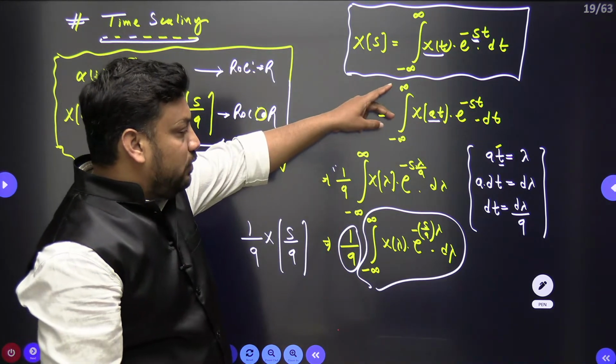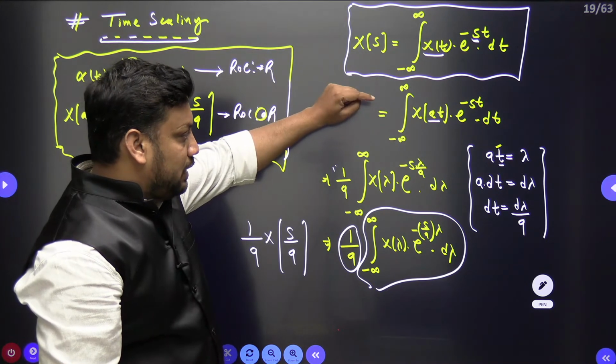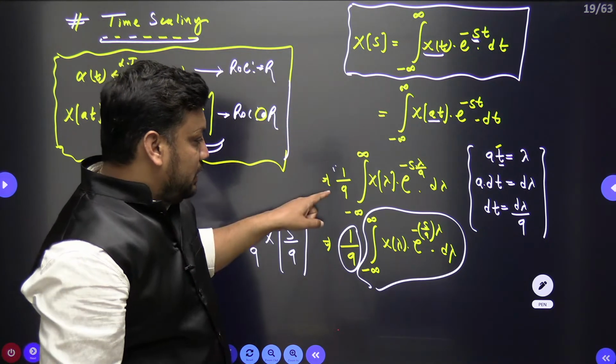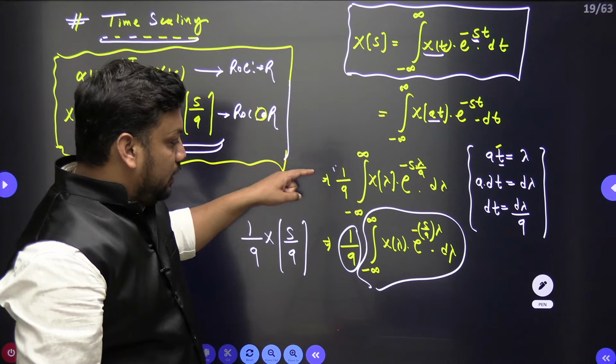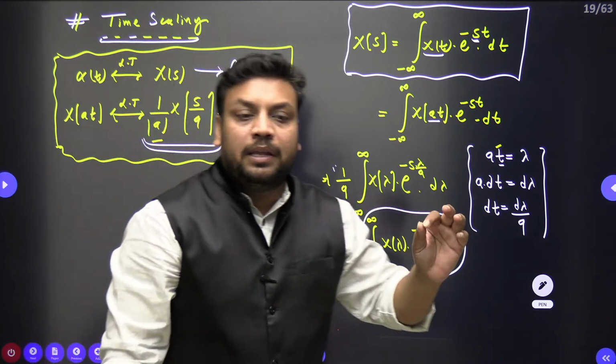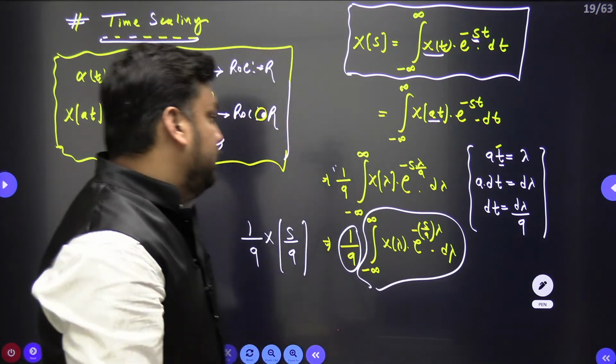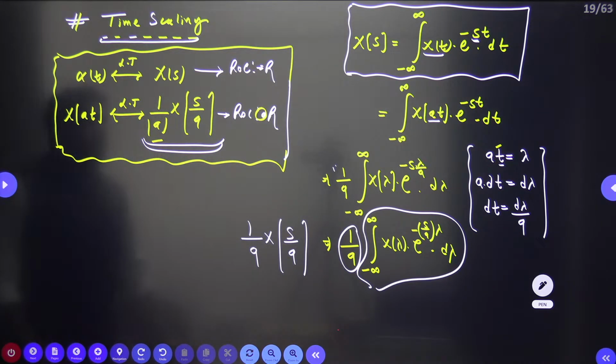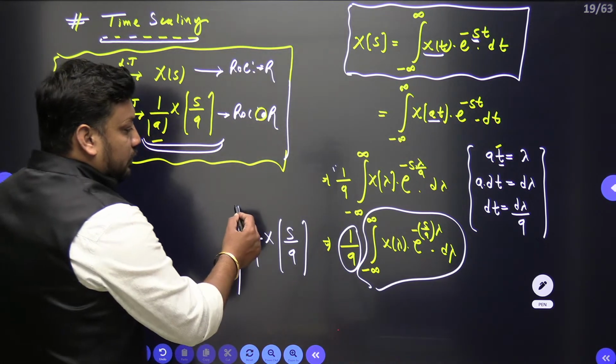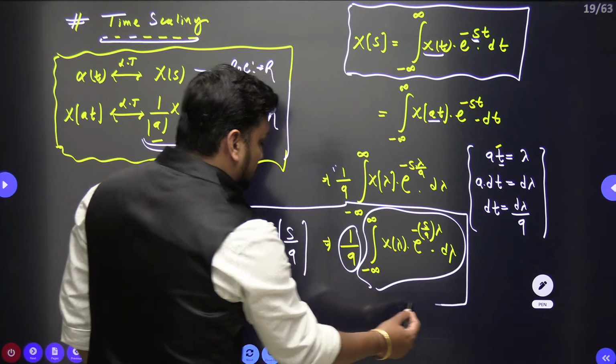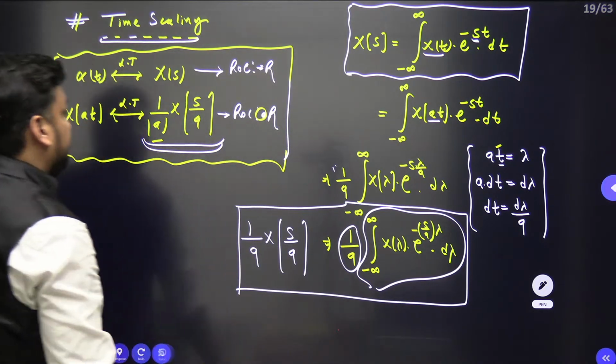This limit also will change. So because of the limit change, a minus sign is there, and because of minus a, a minus sign is there. So ultimately the coefficient will be 1 by a only. This is how you can relate with the properties.